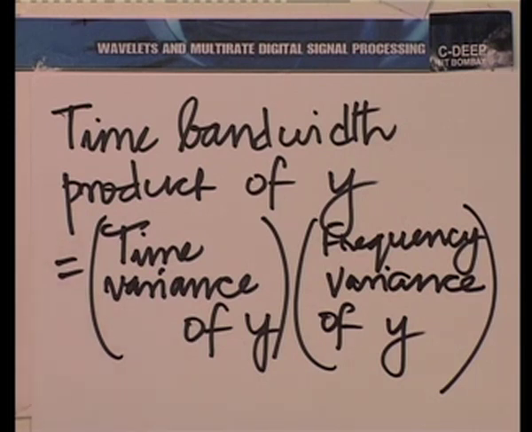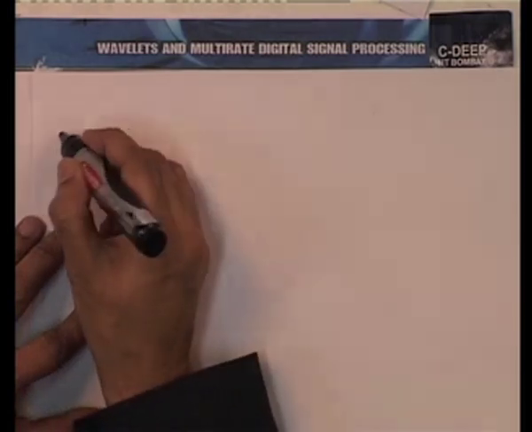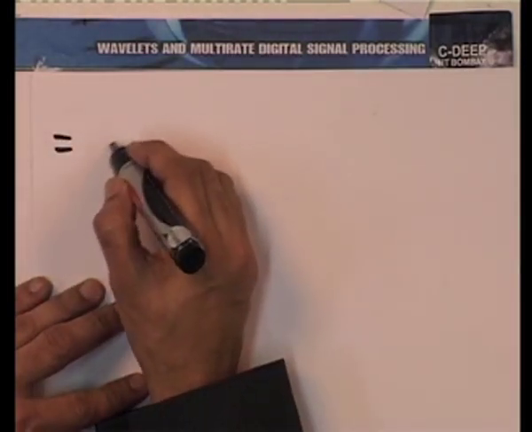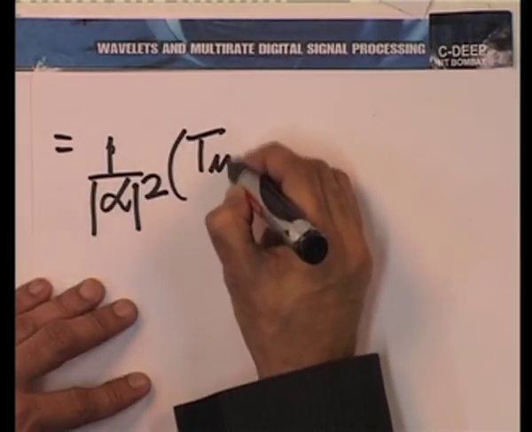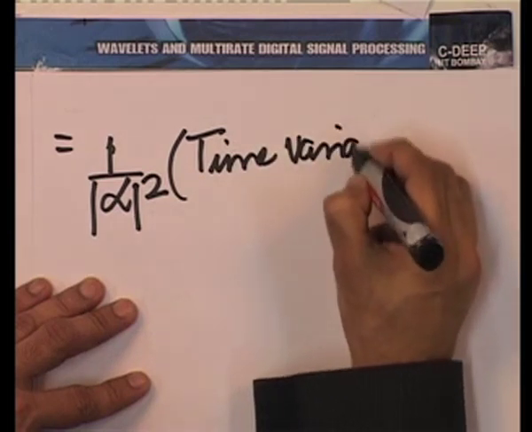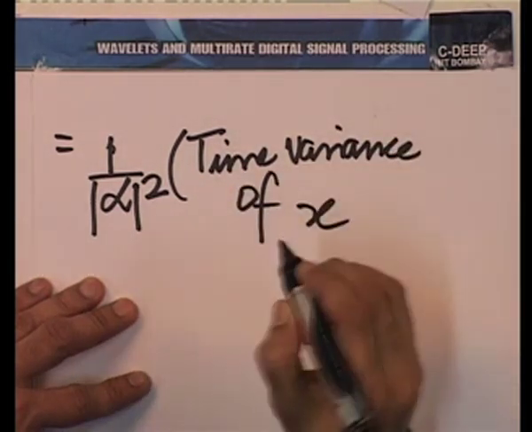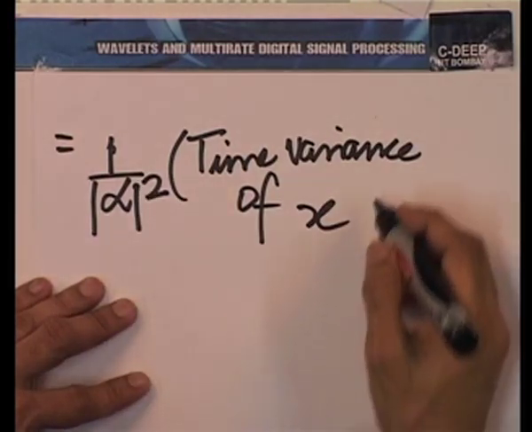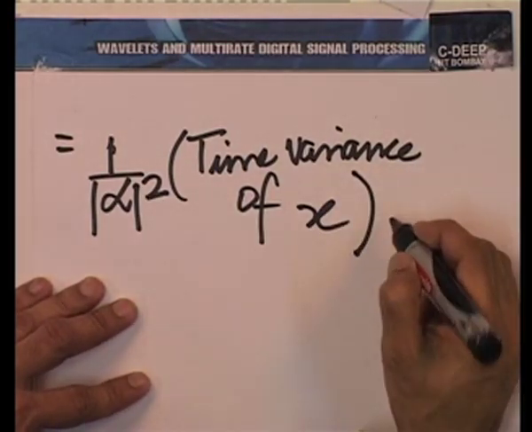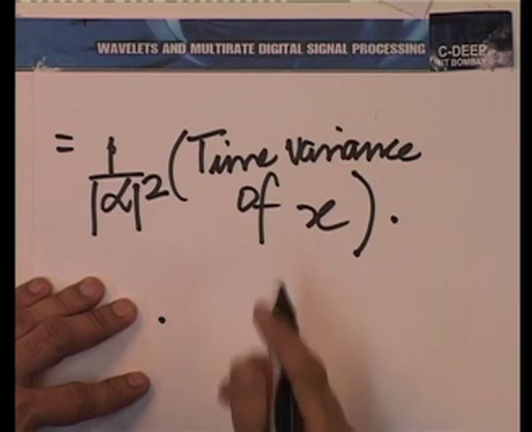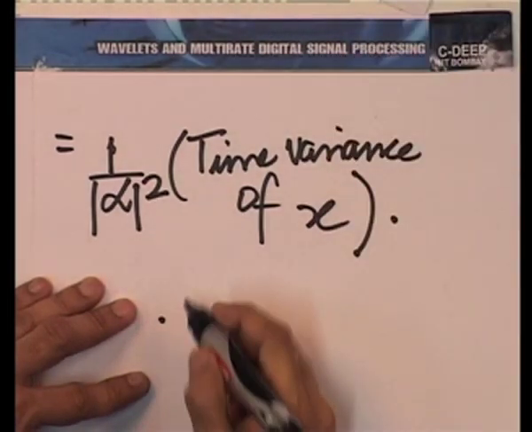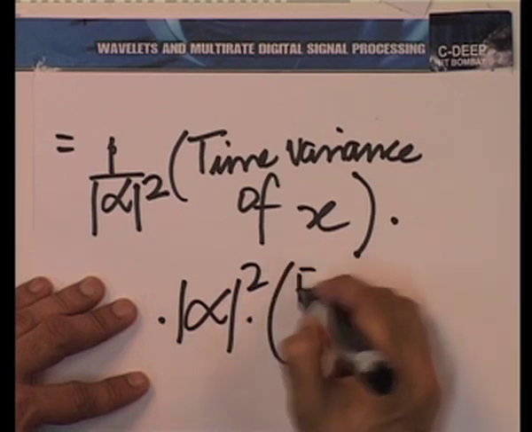But the time variance of y by this argument is clearly seen to be 1 by mod alpha squared times the time variance of x, multiplied by the frequency variance of y, which is mod alpha squared times the frequency variance of x.